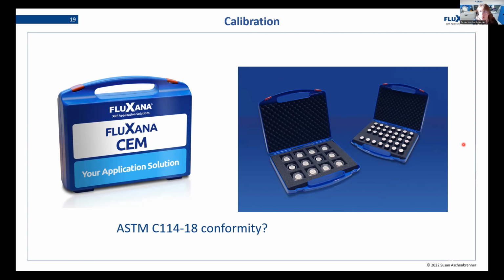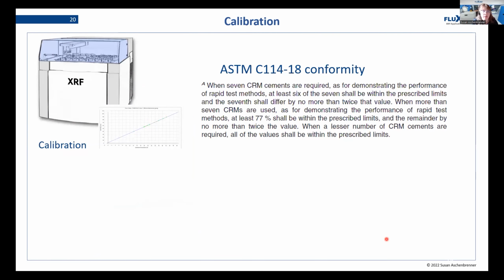And this is also the question you have to ask yourself when you're using a calibration, no matter which kind of calibration. If you set it up yourself, if you're having a set from somewhere, this is always the question that is important here. Does my calibration fulfill the things that ASTM wants? How do I find out?